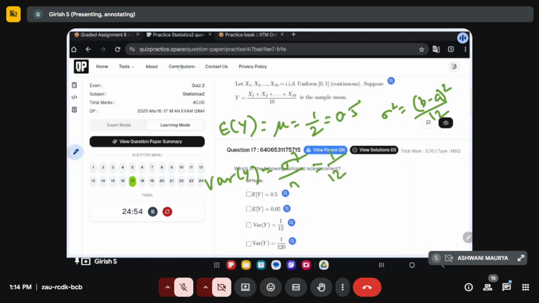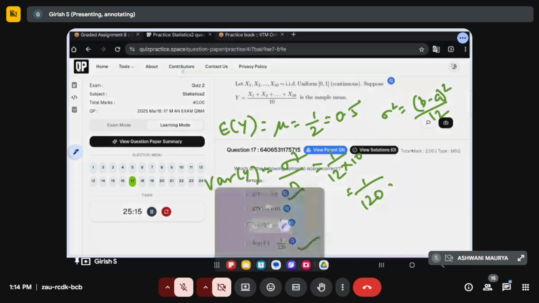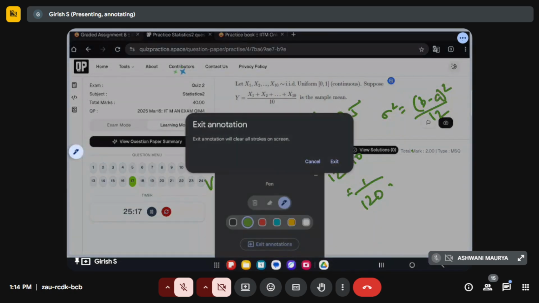And we have this n also here. N value is 10, so it is 1 by 120. Right? Is it fine? I think this is your answer. Any doubts? Okay, hopefully it should be right.